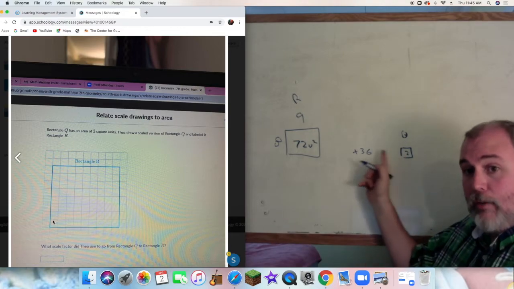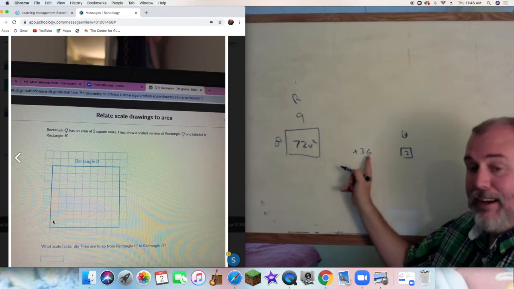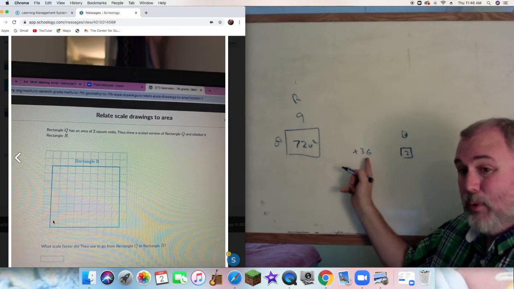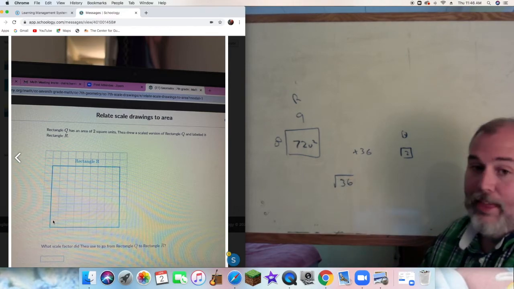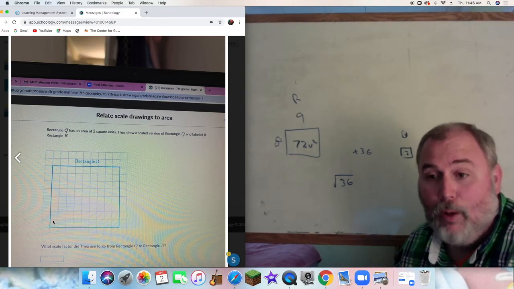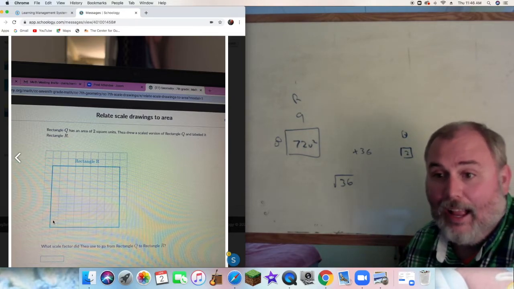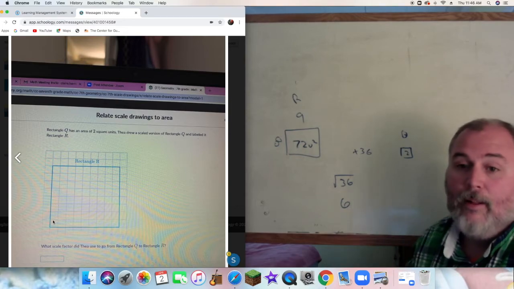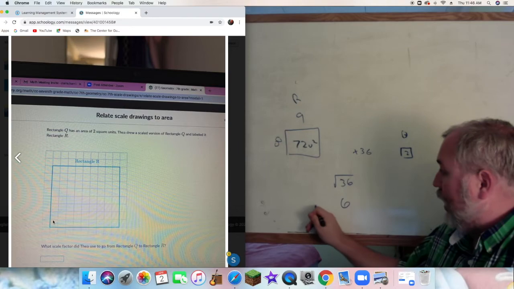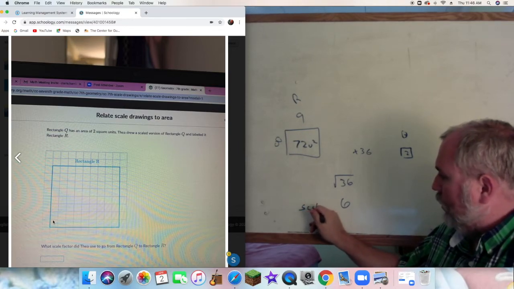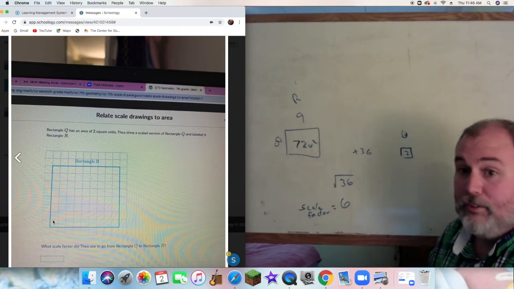What I have to find out now is the square root of 36. That is asking what number, when multiplied by itself, equals 36. The only answer is 6, because 6 times 6 is 36. So the scale factor used in this problem was 6.